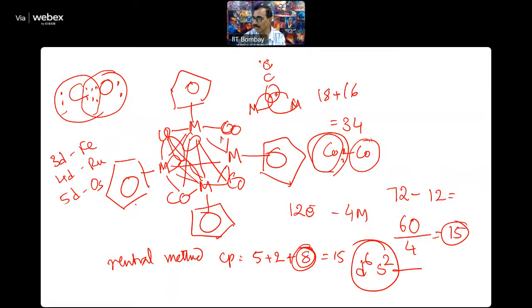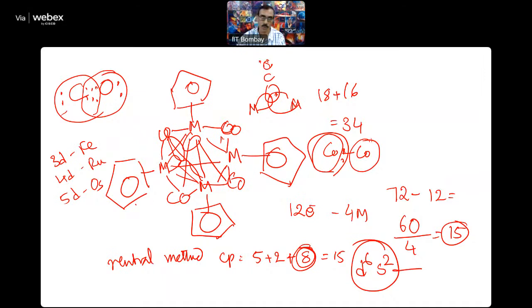The moment I say all of them are satisfying, I should immediately consider 18 for each one. 18 into 4, 72 are there. Out of 72, 12 electrons would go because they are happening within. So that means 60 will be left. Out of 60, if you distribute 15, each metal would be having 15 electrons.